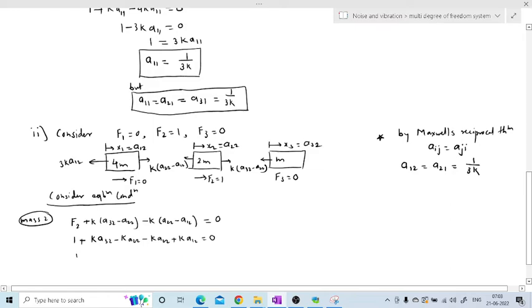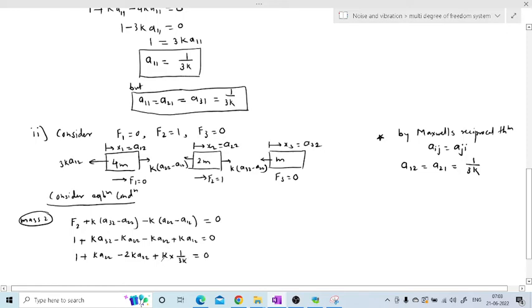Now whatever values we know, you put, and here you can see the same term is repeated, so it will be minus 2K A22 plus K into, we know the value of A12, and A12 is 1 by 3k, so it is 1 by 3k will be equal to 0.